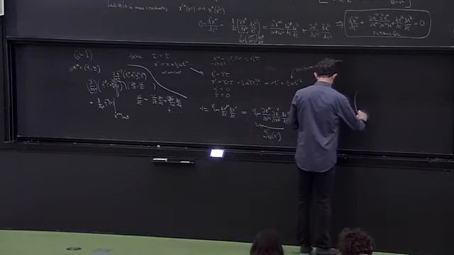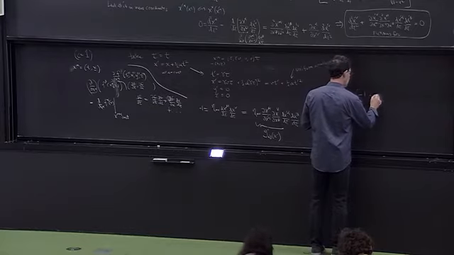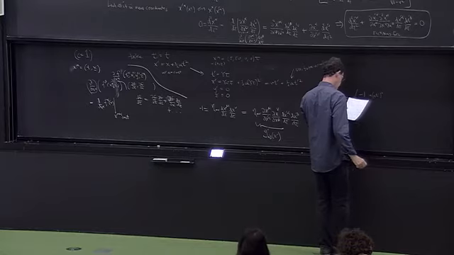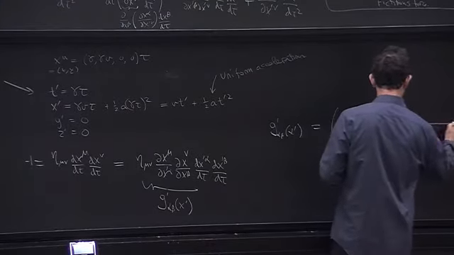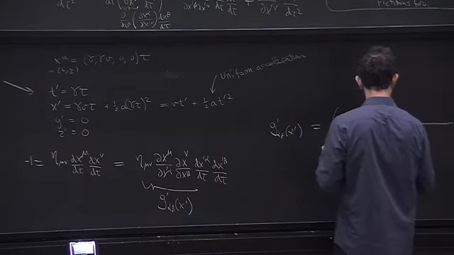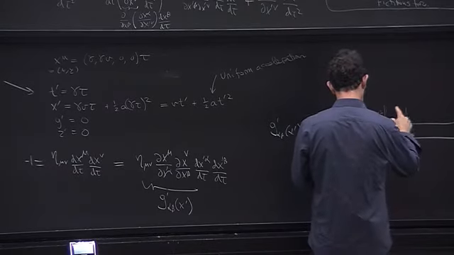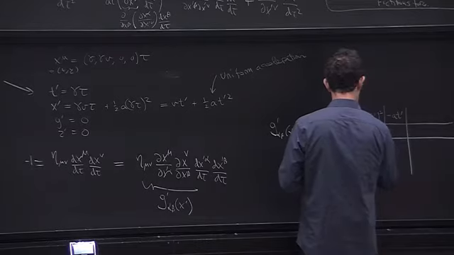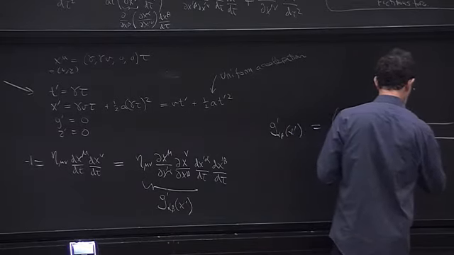And what you get is -1 plus a t prime squared, and that's all in the 0, 0 component. And then in the 0, 1 component, you get minus a t prime. And here you get minus a t prime. In these other components you get 1 and 1 and 1.